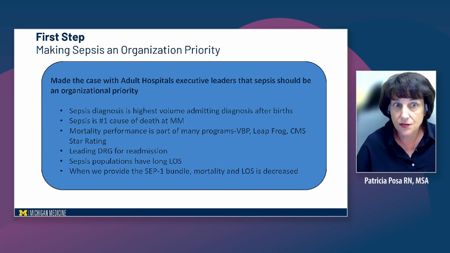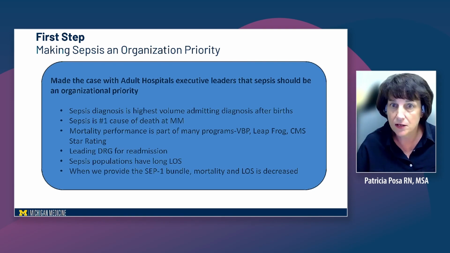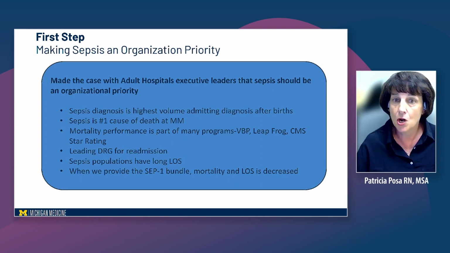We made the case outlining that sepsis was our highest volume admitting diagnosis after live births. Sepsis was the number one cause of mortality at Michigan Medicine. Our mortality performance is part of many programs that the hospital cares about: value-based purchasing, Leapfrog, and CMS star rating. Sepsis is also our leading DRG for readmission, and these patients had long lengths of stay.